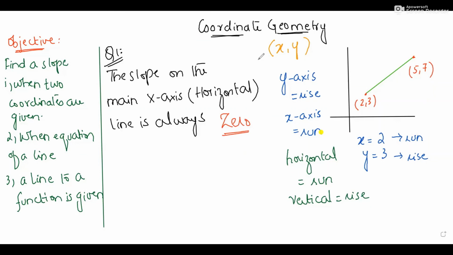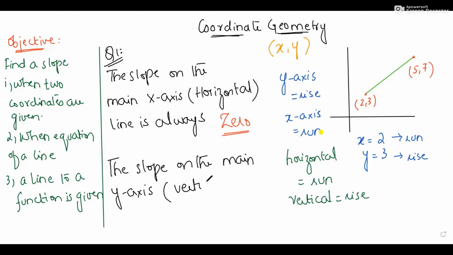Make sure, this is a question which can come in your paper as an MCQ. The slope on the main y-axis, that is the vertical line, is always infinite.